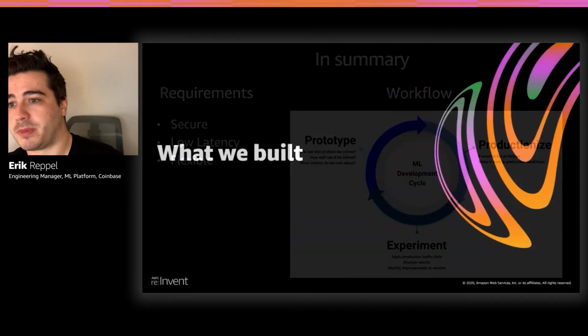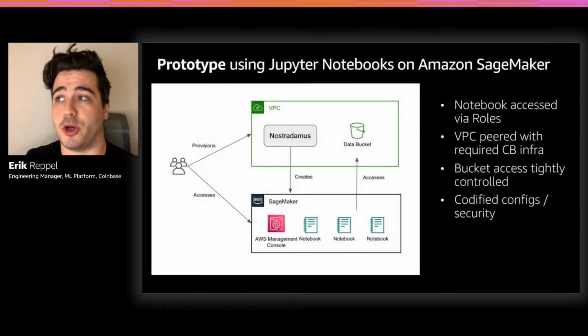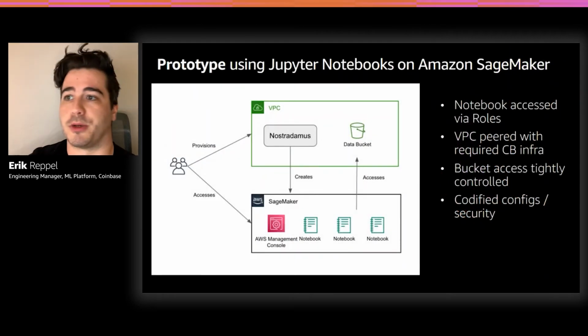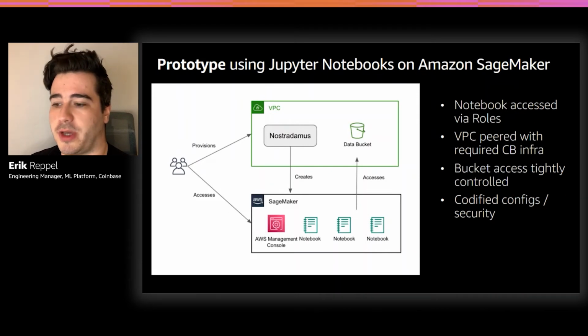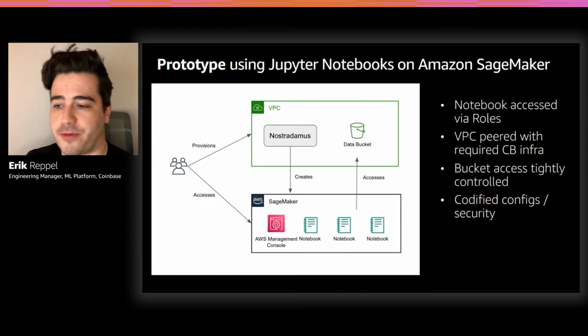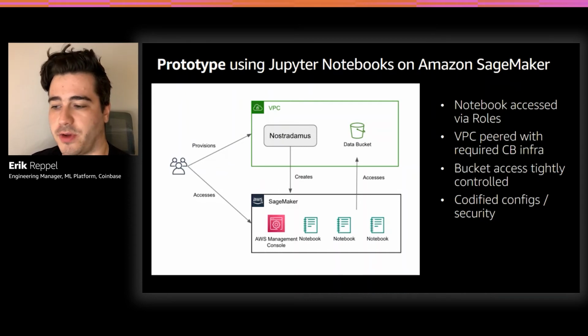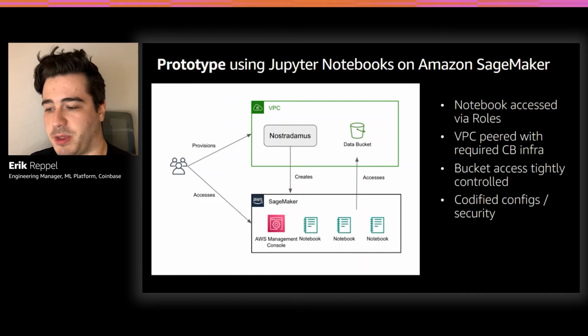Here's what we built. First, for prototyping, we used Jupyter notebooks provided by Amazon SageMaker. Notebooks are provisioned via our UI control plane, Nostradamus, and we codify all the configuration of notebooks. This ensures that all notebooks are secure by default and are properly peered with our VPC.